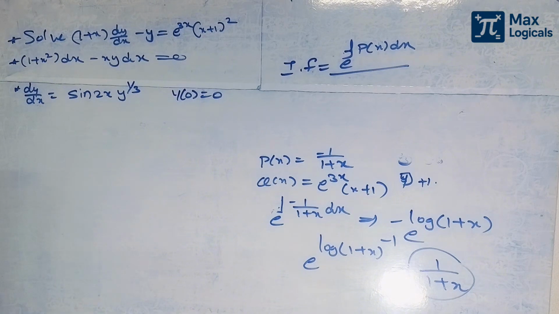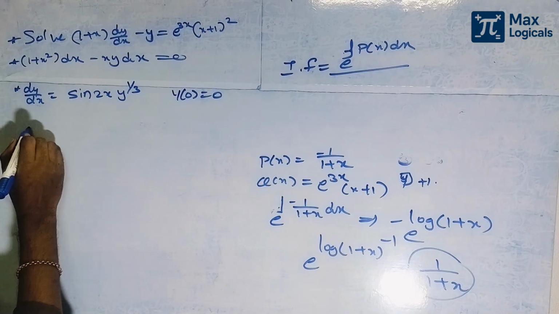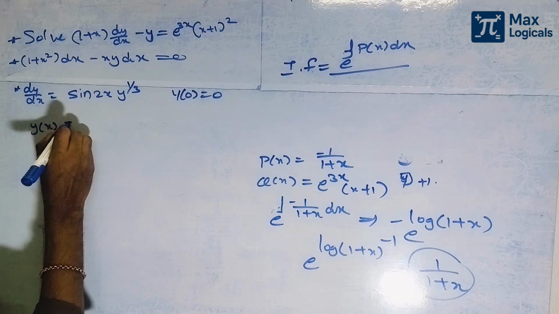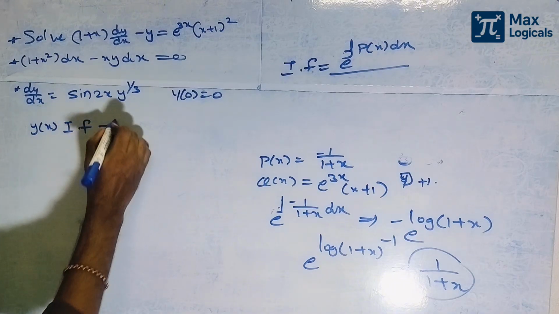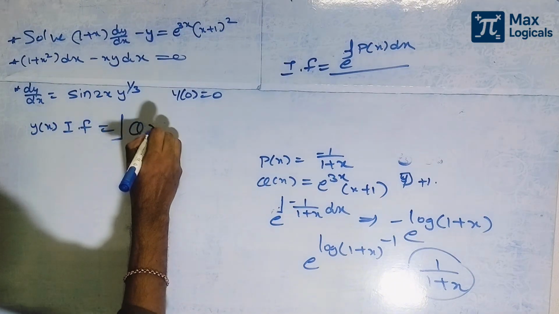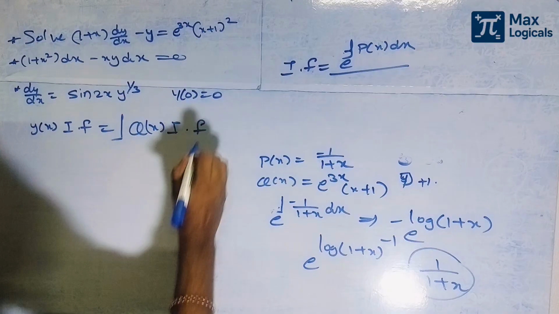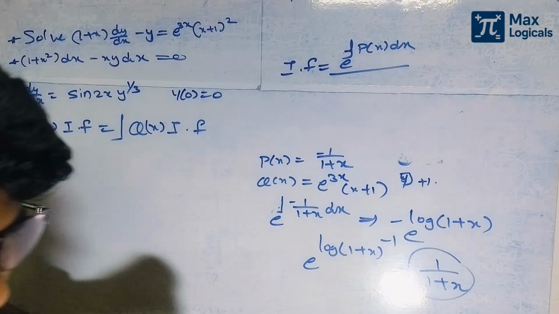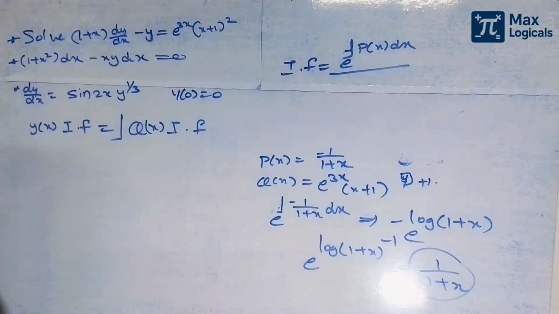Now find the general solution of this differential equation. We know the general solution is y times the integrating factor equals the integral of q(x) times the integrating factor. Here we have the integrating factor and the q(x) value.